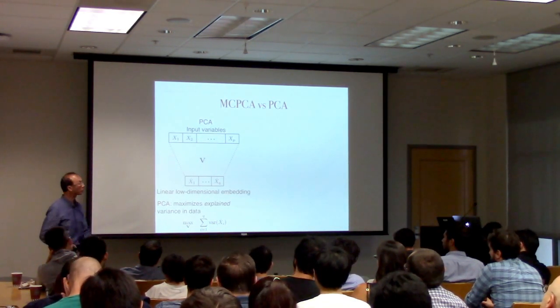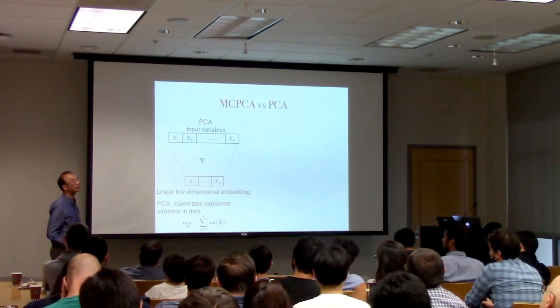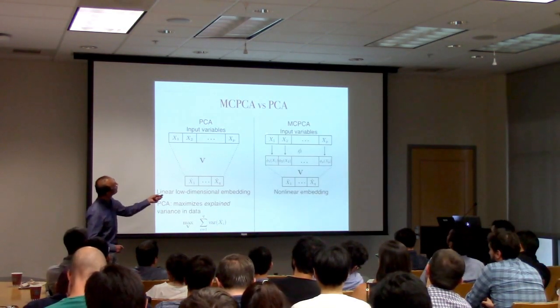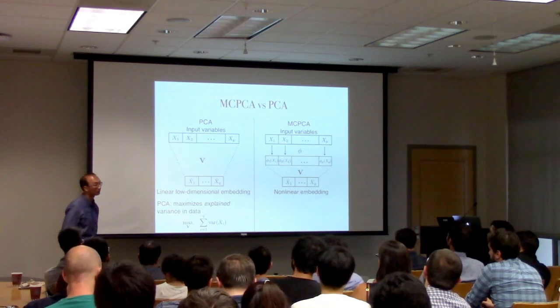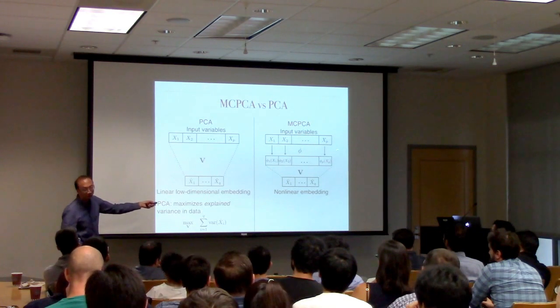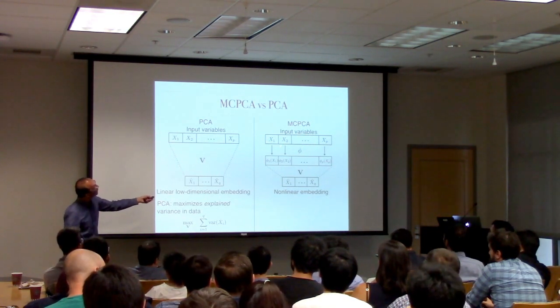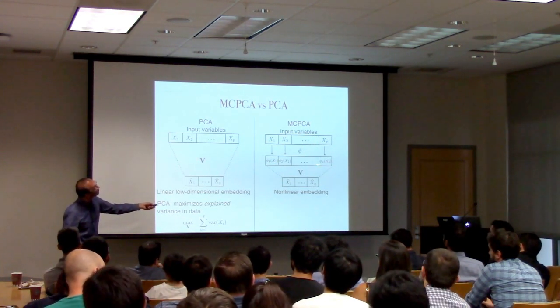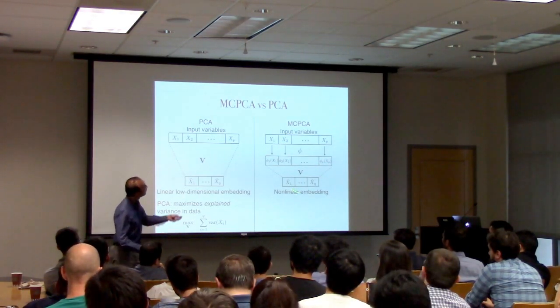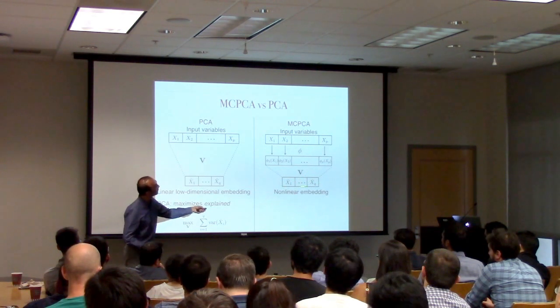In other words, you lose, hopefully, as little information as possible. So in this picture, you can think of the MCPCA pipeline as follows. I have a bunch of input variables, the features. And now I allow you to choose phi1 up to phi p, possibly nonlinear transformations, and then you project to Q dimensions.